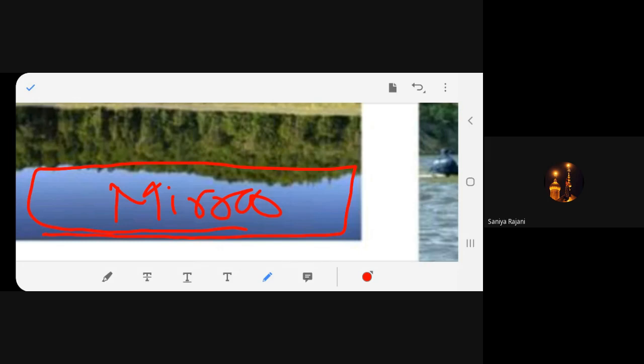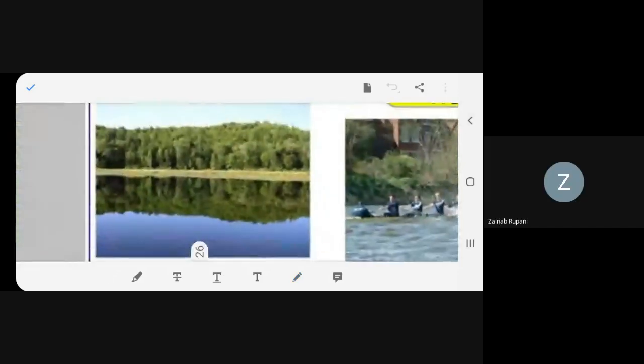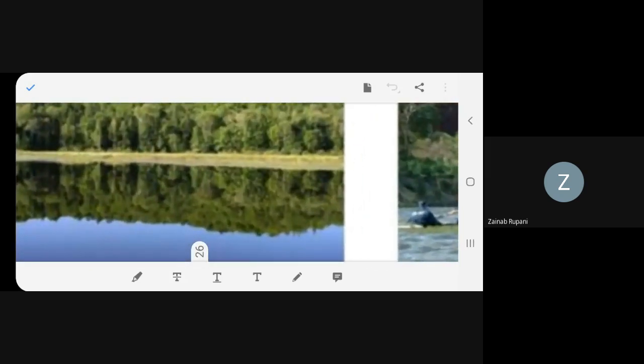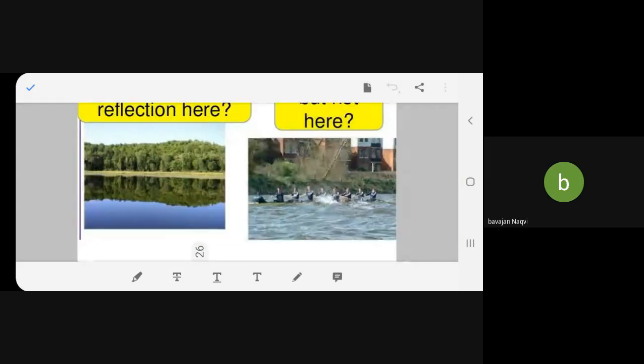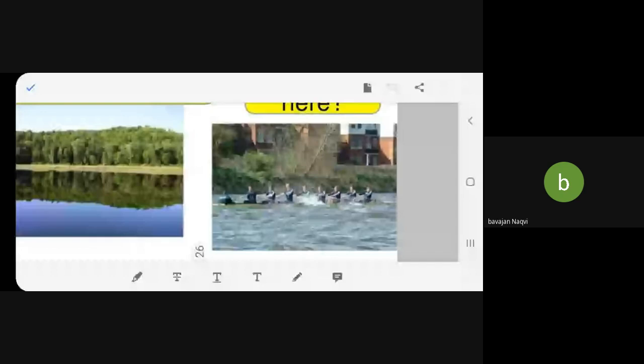Water is behaving like a mirror. Simple. And this mirror is not moving. This surface is not moving, so it is a regular surface. Agree? Yes, ma'am. Whereas over here, look over here.